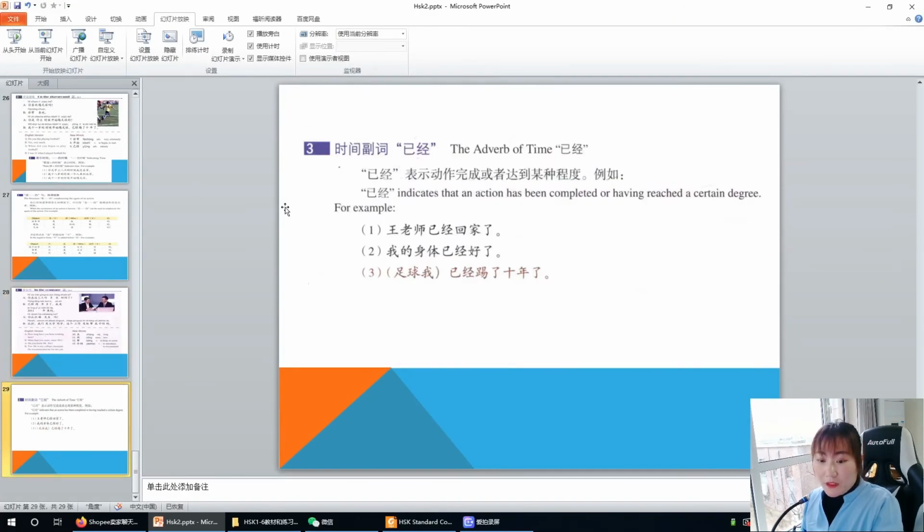And only one grammar we left, and we use this adverb of time 已经 So indicates that an action has been completed or has reached a certain degree. 王老师已经回家了 So Miss Wang is already home.